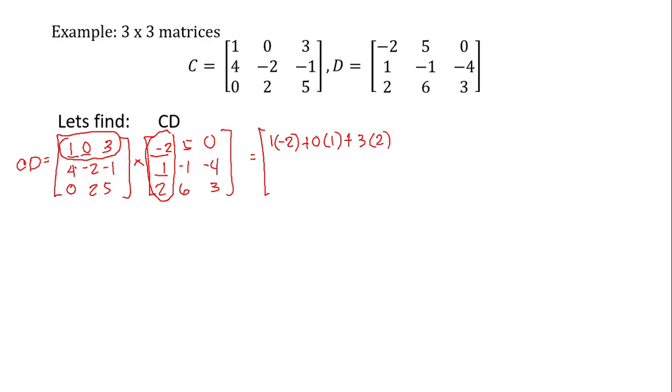Then next, first row, second column. So, we have 1 times 5 plus 0 times negative 1 plus 3 times 6.